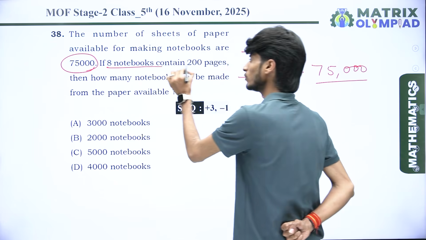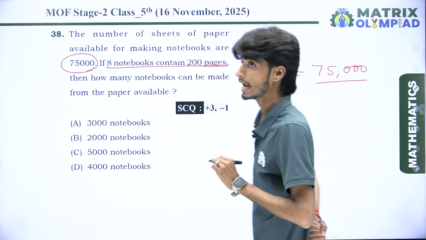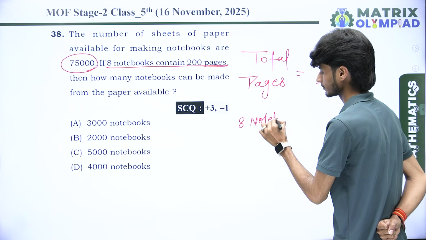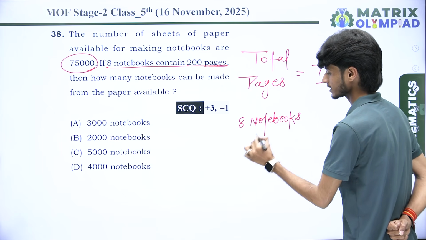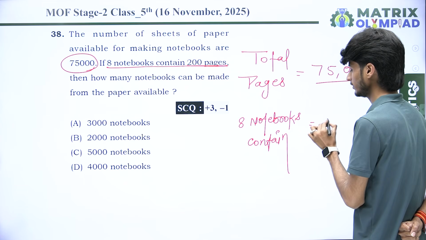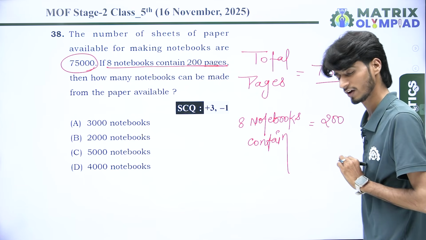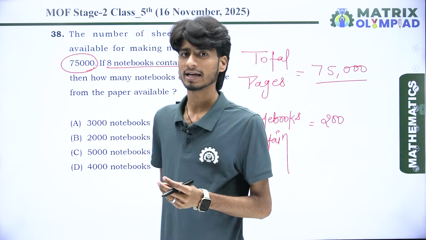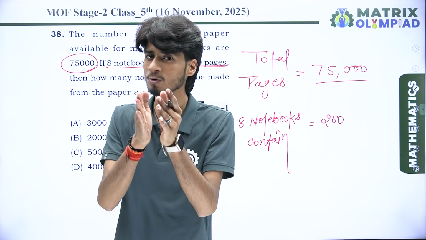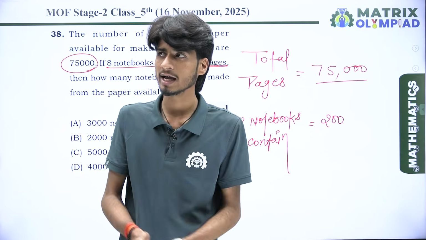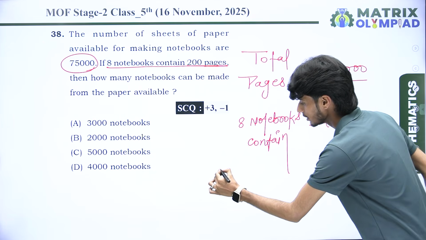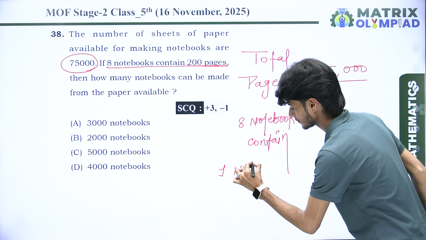And what is the next statement? If 8 notebooks contain 200 pages, that means 8 notebooks contain how many pages, everyone? 200 pages. So 8 notebooks is equal to 200 pages. If you want to find the number of pages in one notebook, then you divide 200 by 8.